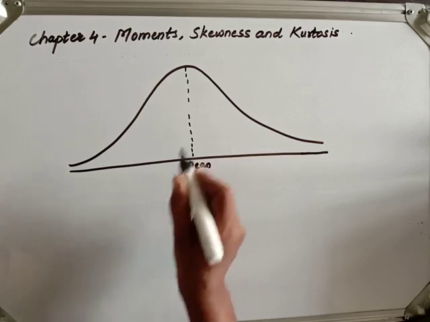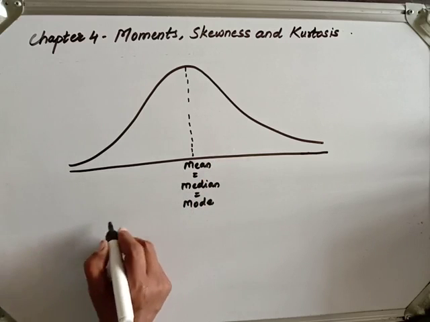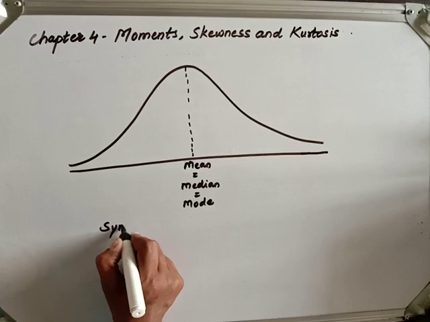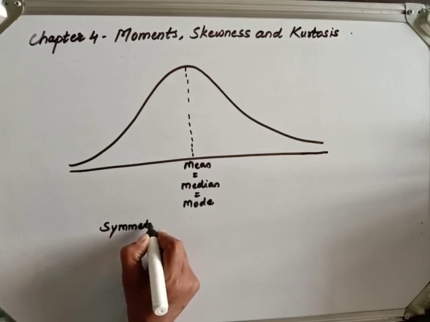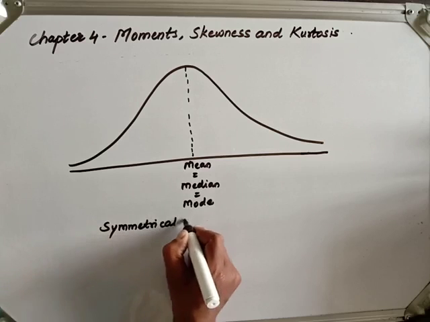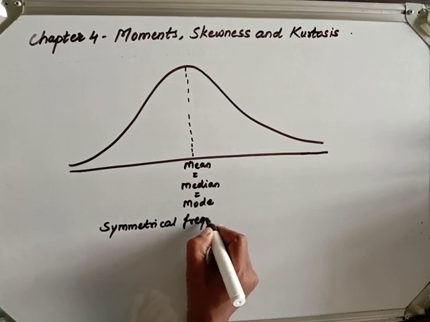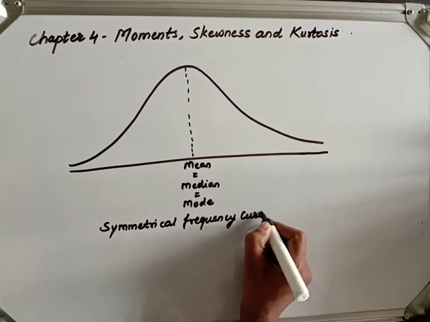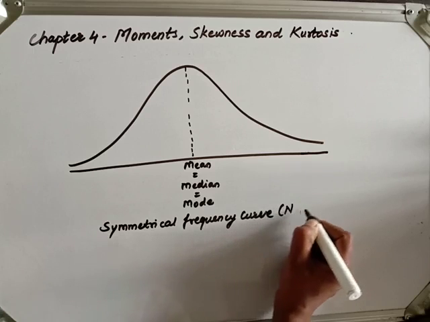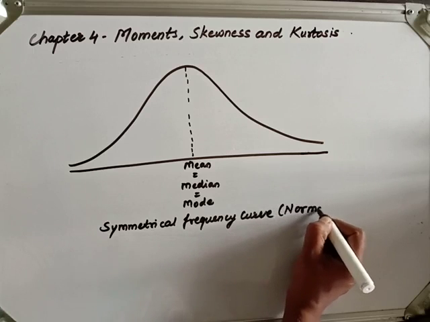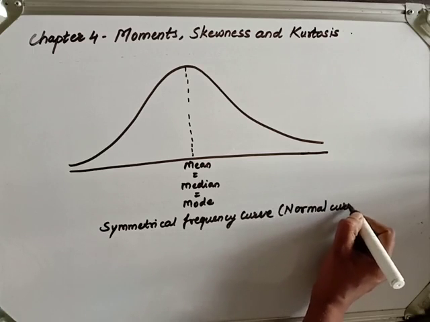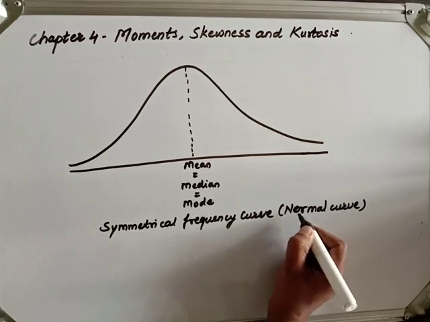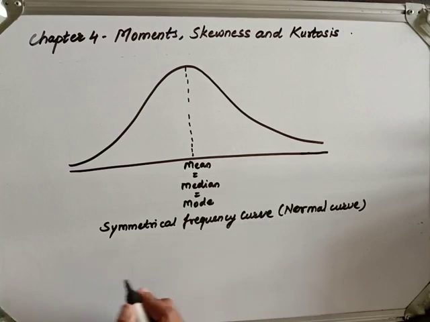Here all of them are equivalent. This is known as a symmetrical frequency curve. It is also known as a bell-shaped curve or normal curve. These are the two names for it.